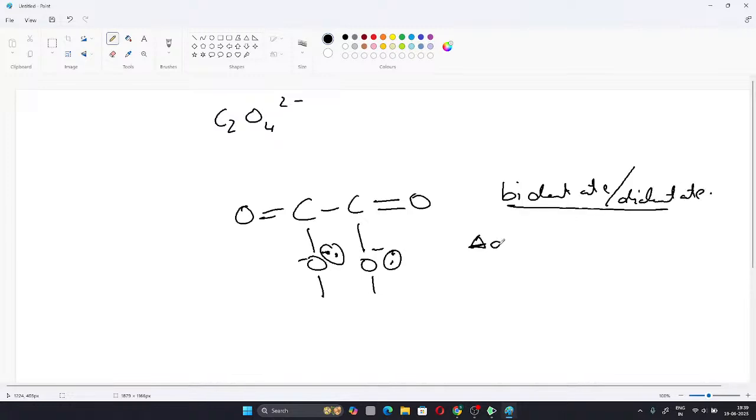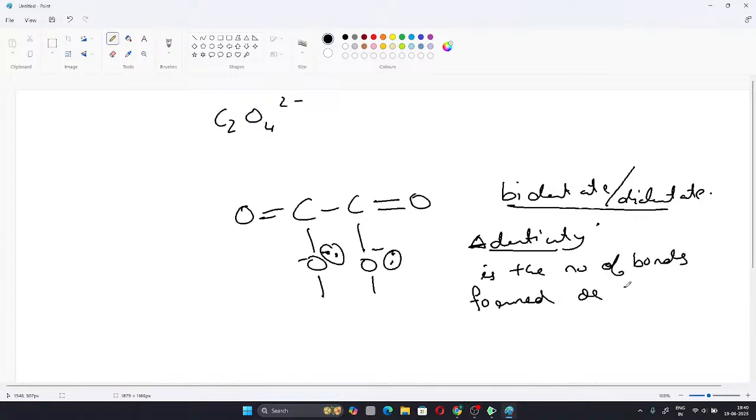This property of denticity is the number of bonds formed by a single ligand with the metal ion.